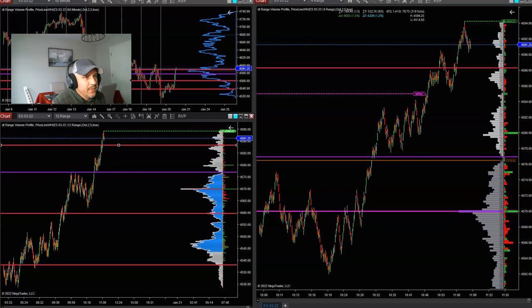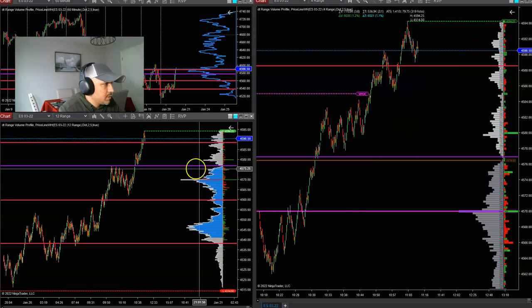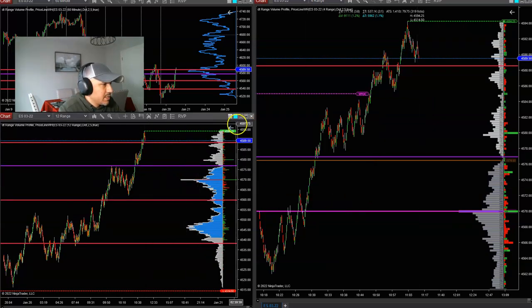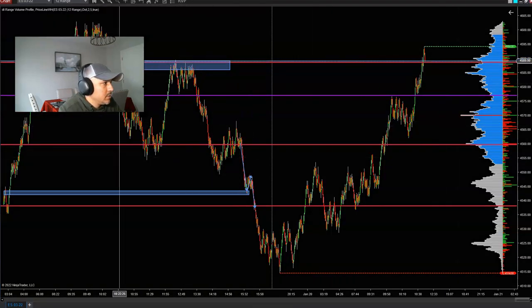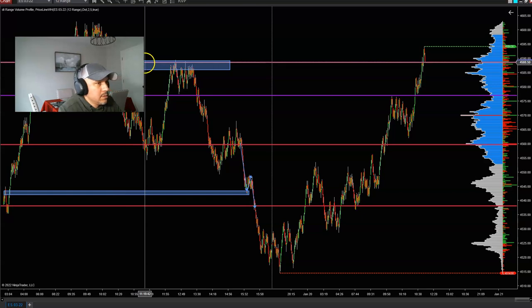Not sure. Not at this moment. Let's see. I'm looking at my 4 range too, but yeah, so price pulling back to a little area here. Could pull a little lower.